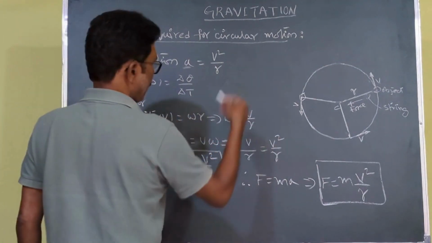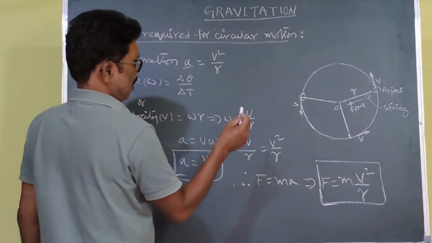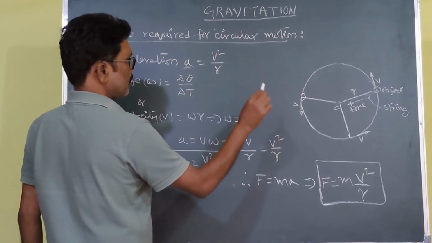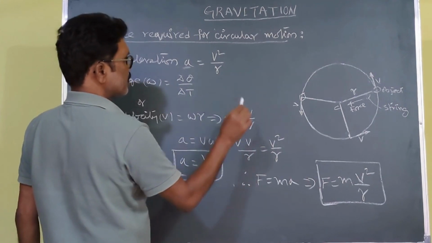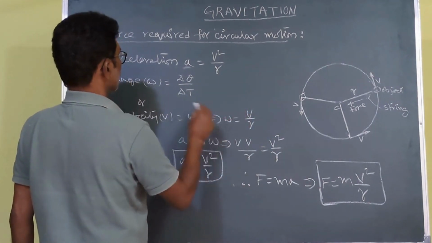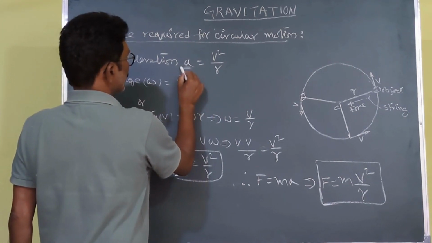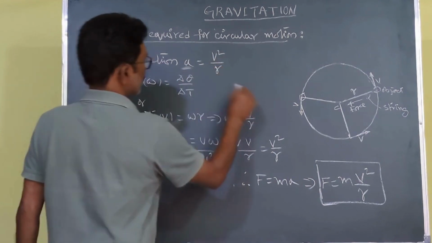But in a circular path, the object moves with uniform speed, while the velocity changes at different points, so acceleration changes, and force changes. Therefore in circular motion with uniform speed, acceleration equals v square by r.